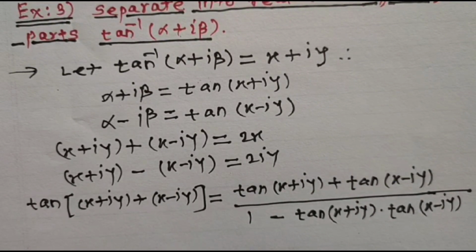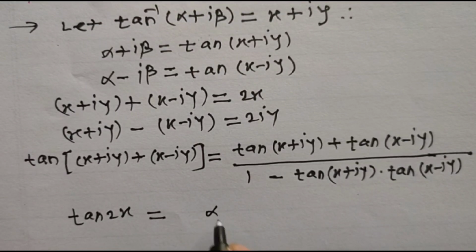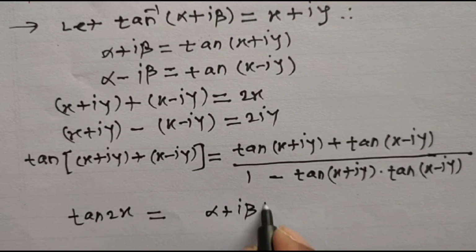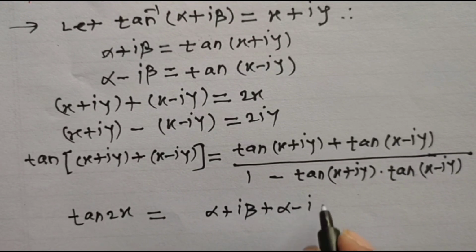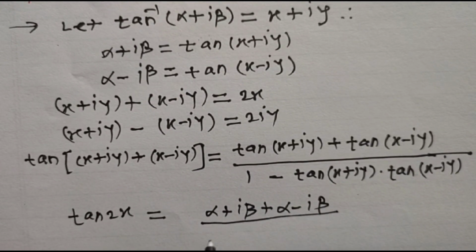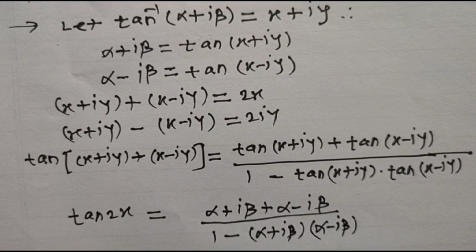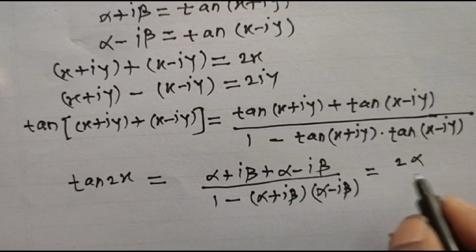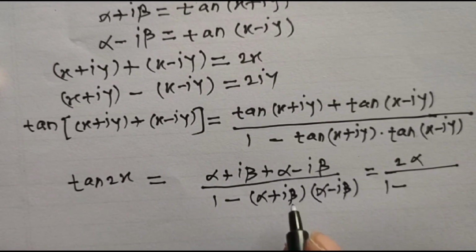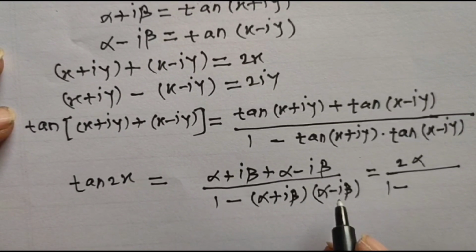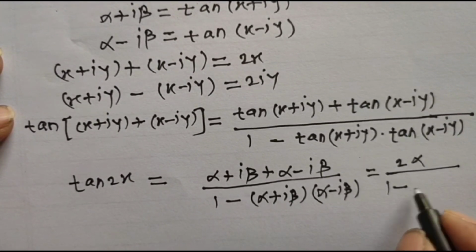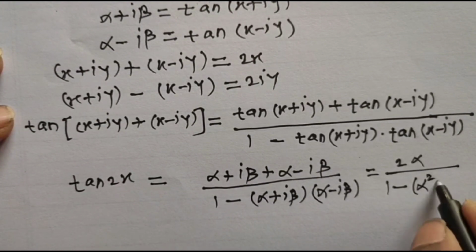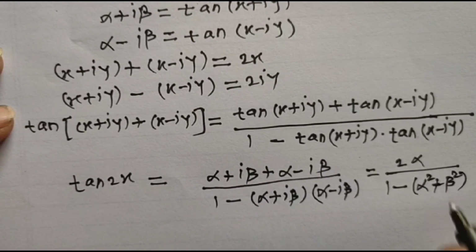Hence the left hand side becomes tan 2x is equal to alpha plus I beta plus alpha minus I beta divided by 1 minus alpha plus I beta into alpha minus I beta. And here I beta gets cancelled. 2 alpha divided by 1 minus alpha plus I beta into alpha minus I beta, that is alpha square plus beta square. So we can write alpha square plus beta square. Okay.